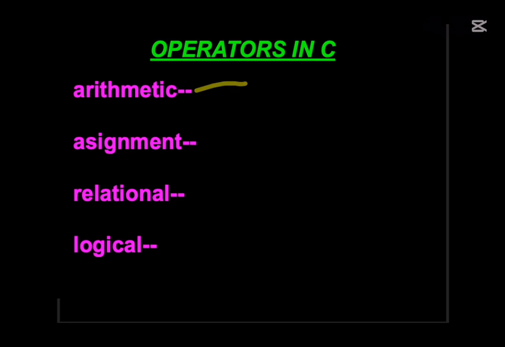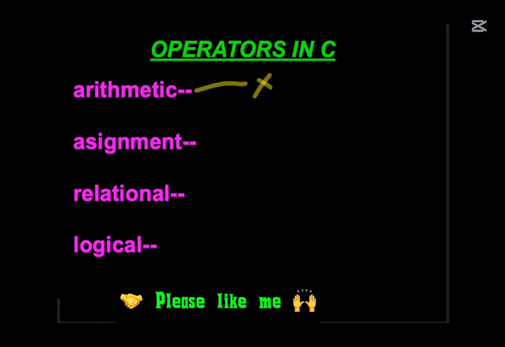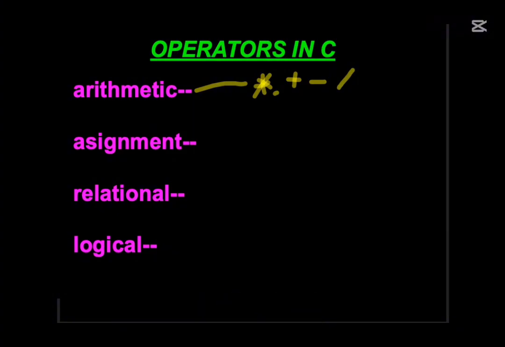Here we have multiplication, which is always represented as an asterisk, plus for addition, minus, and division. These are very simple for us because we know them already, but there are some little differences that we need to talk about.